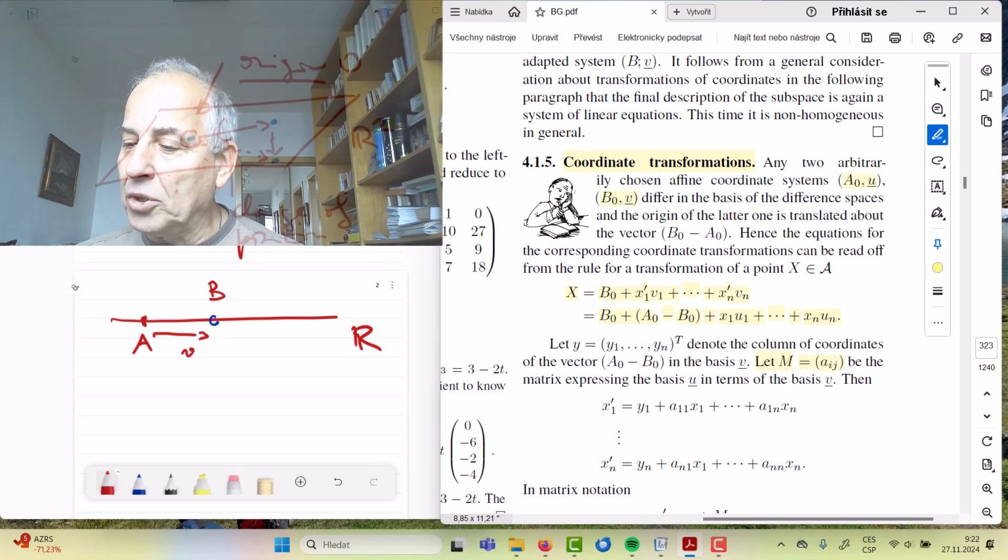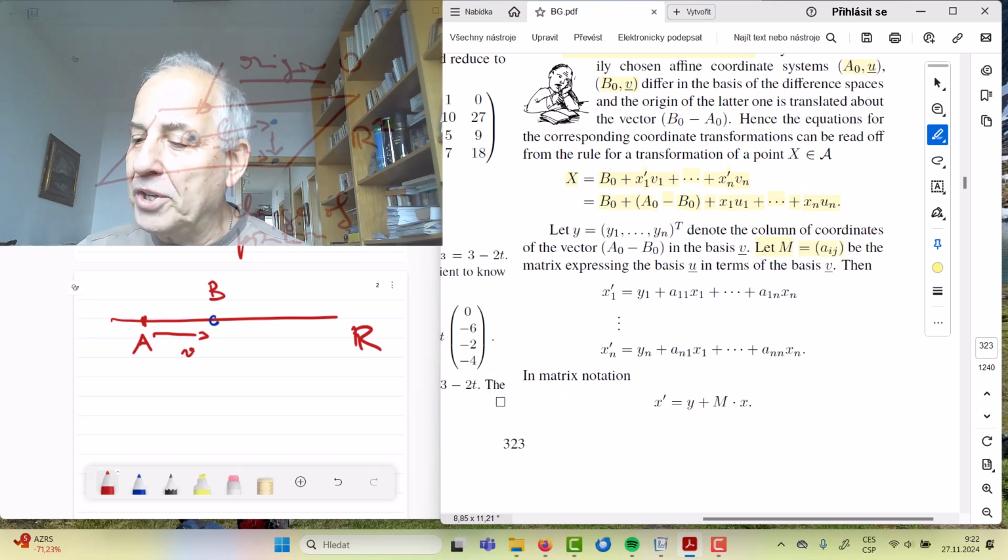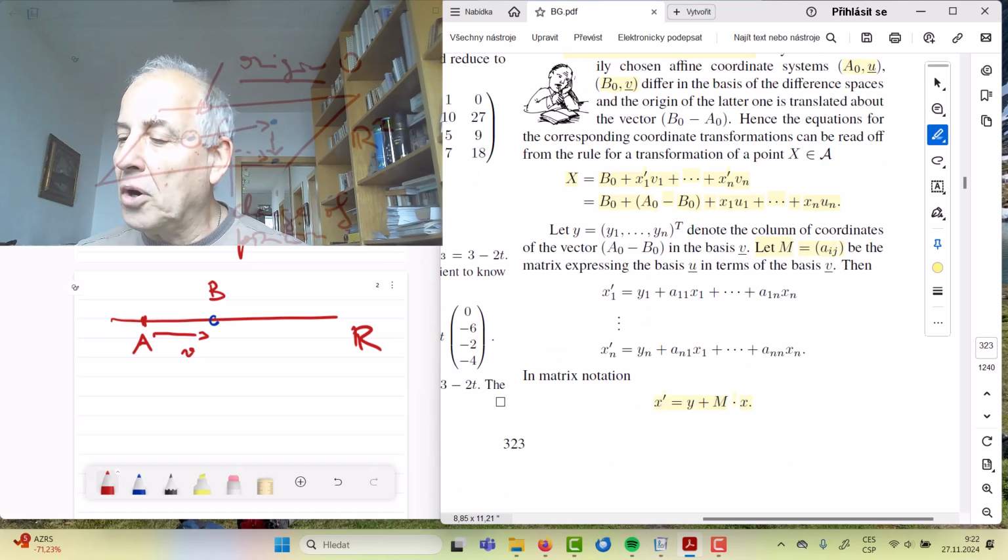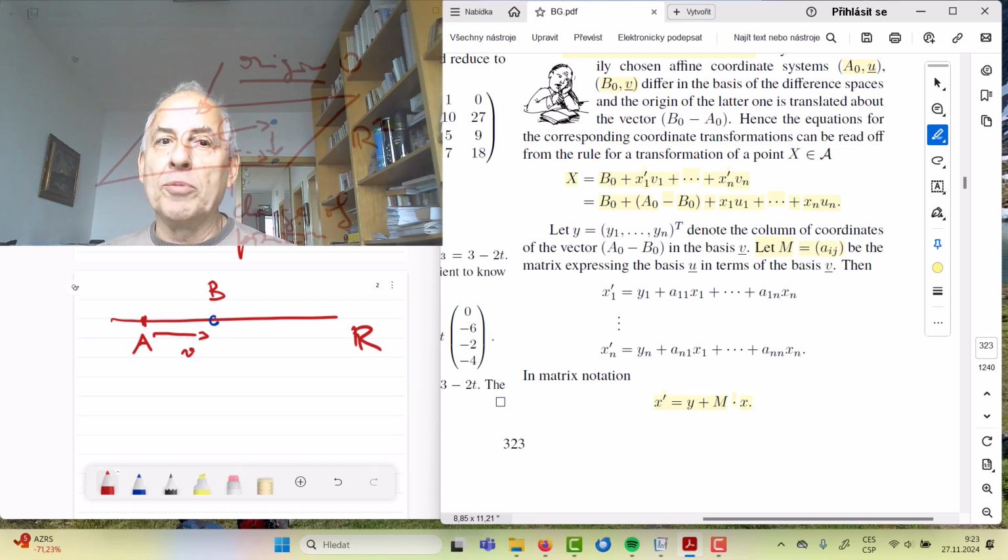And in the matrix notation you get something very familiar, this, right? So no surprise. We simply have the same way of transforming the coordinates by multiplying with an invertible matrix, which is n times n sized, and we have to add the shift of the origin.